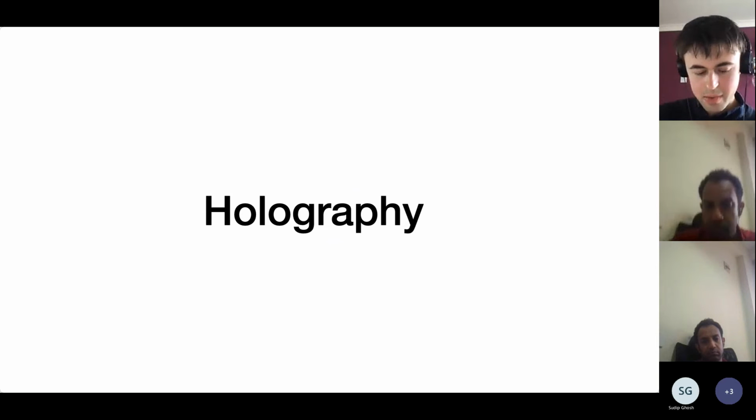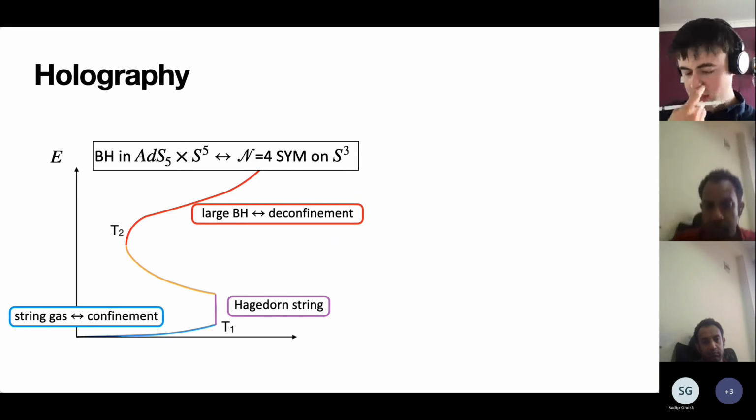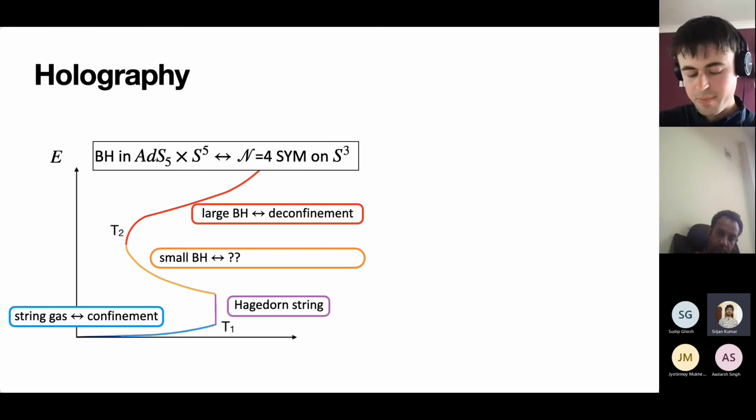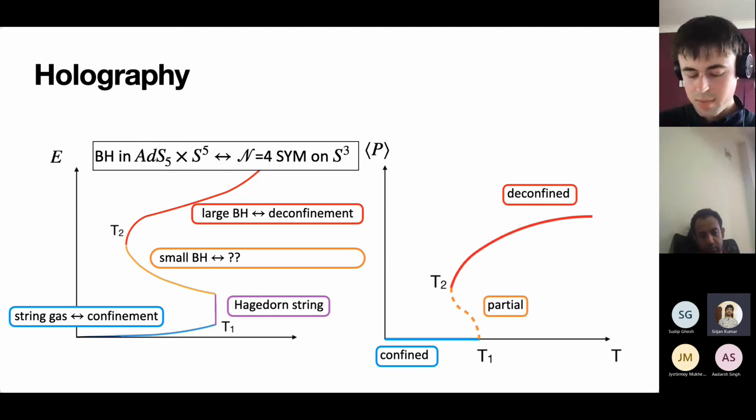Next, I'll say a couple of things about holography. So this is the phase diagram for a black hole in AdS5 cross S5, which is dual to N=4 SYM on S3. It is well known that the large black hole corresponds to the deconfined phase, and the string gas corresponds to the confined phase. But it's unknown what the small black hole corresponds to in the field theory.